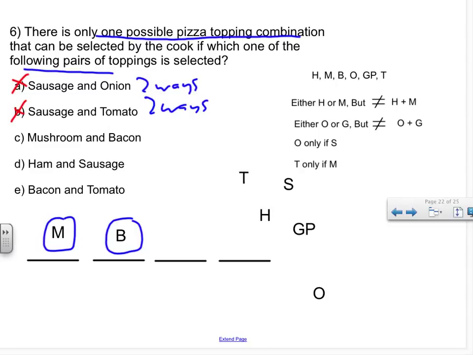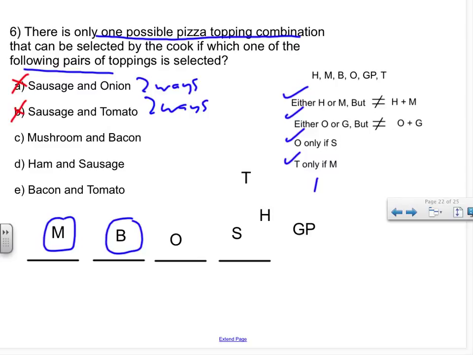So I've got the first condition satisfied. I've got my M. Now I need O or G. Let's try O. And let's just try S and see if that works. So H or M, O or G, O only if S, and T only if M. Well, okay, so that's one way.